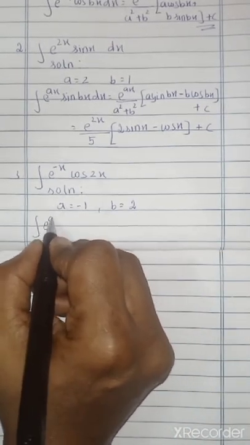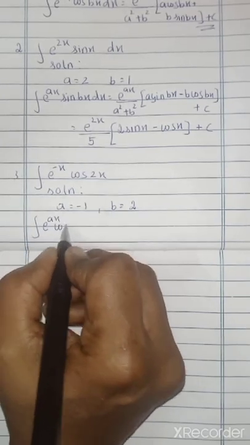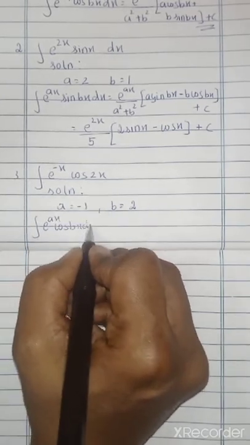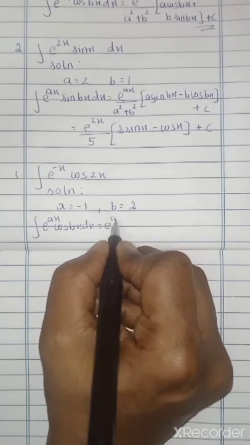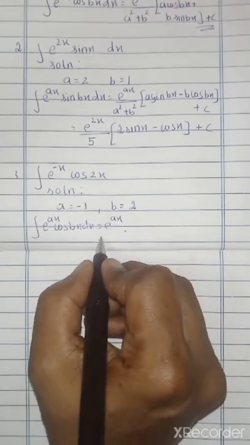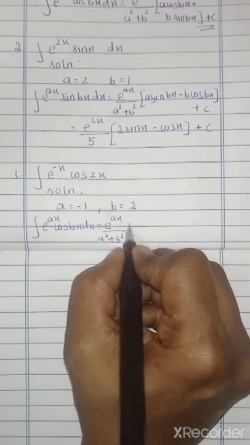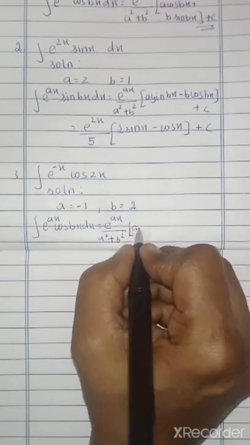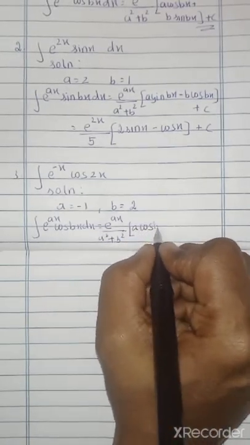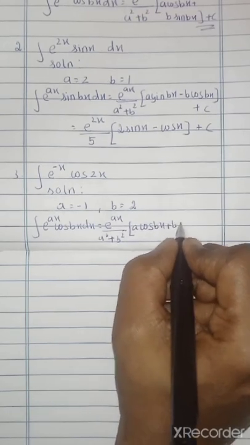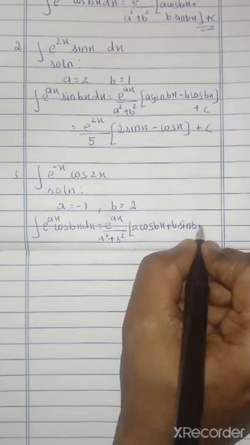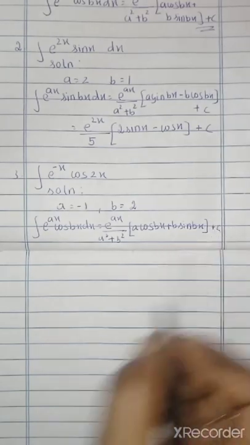Integral e power ax cos bx dx. What is your formula? E power ax by a square plus b square into a cos bx plus b sin bx plus c.